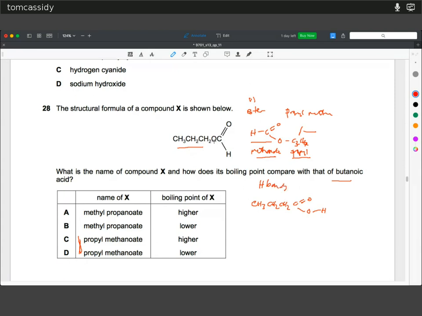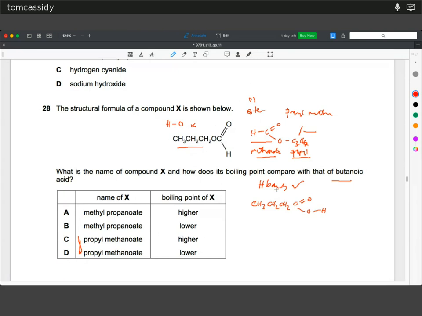But over here, you can't get any hydrogen bonding. There is no hydrogen linked to an oxygen. If you look around there, there's lots of hydrogens and oxygens, but they're not linked to each other. And so butanoic acid will have hydrogen bonding, but this propyl methanoate will not.